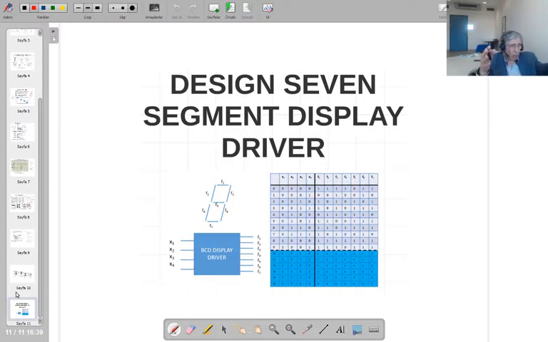So you see the decimal numbers there. So this driver, this circuit here, in each digit you have to show a number between 0 and 9. So that means all inputs are going to be BCD, binary coded decimal numbers here. At the output, you're going to give this 7-segment.